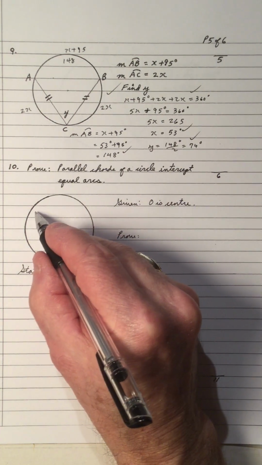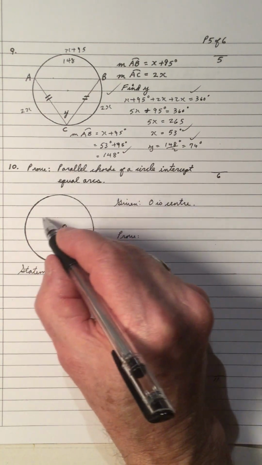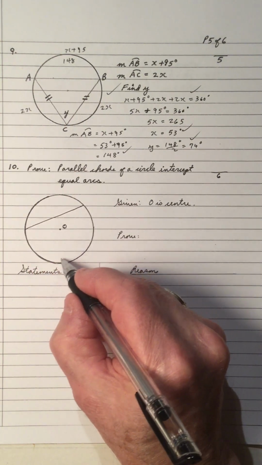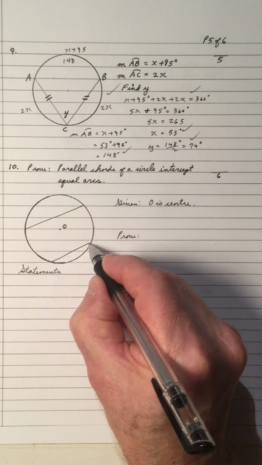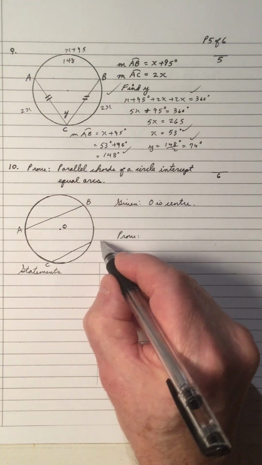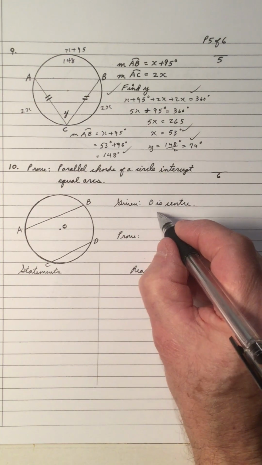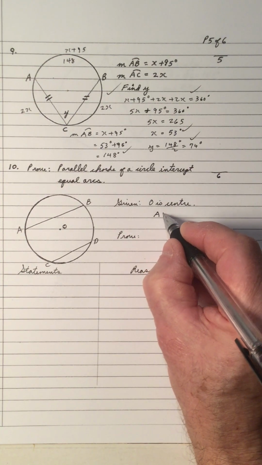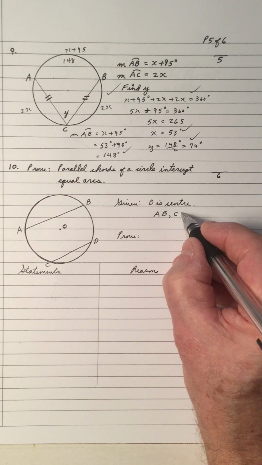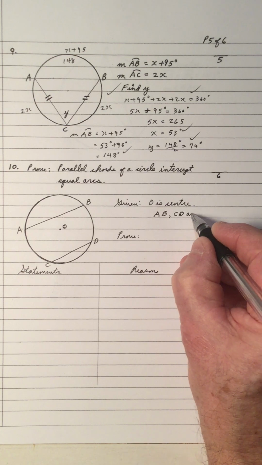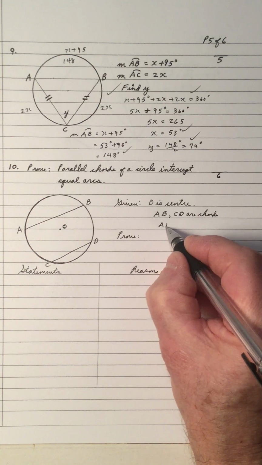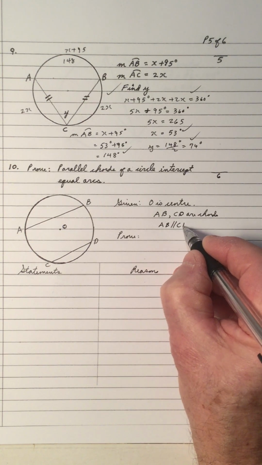And we're given two parallel chords. Let's draw one chord right here, and let's draw another one right here. This is the chord AB, and this is the chord CD. So we're given AB and CD are chords, and also we're told that AB is parallel to CD.